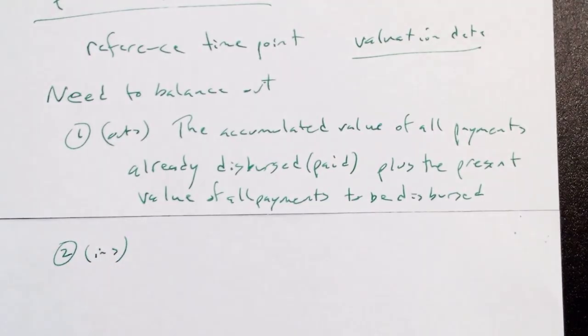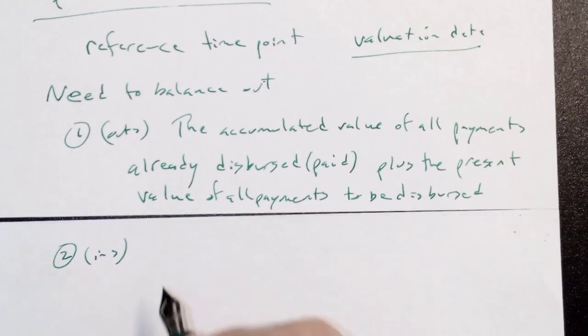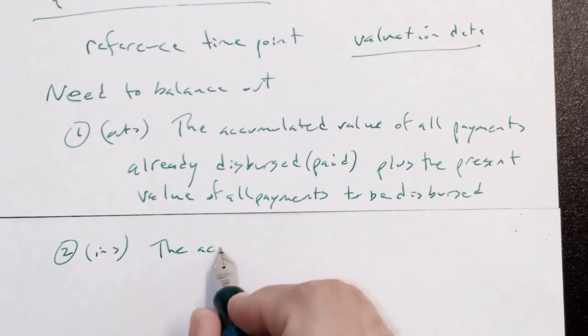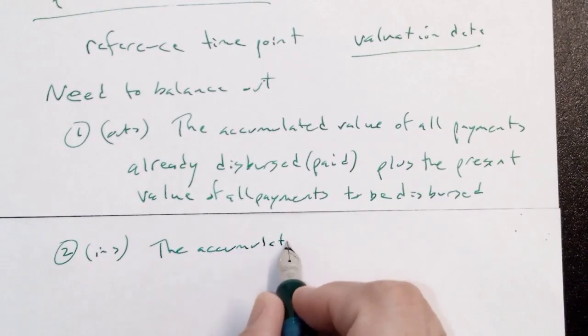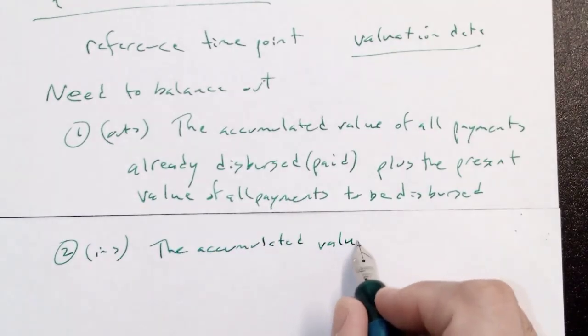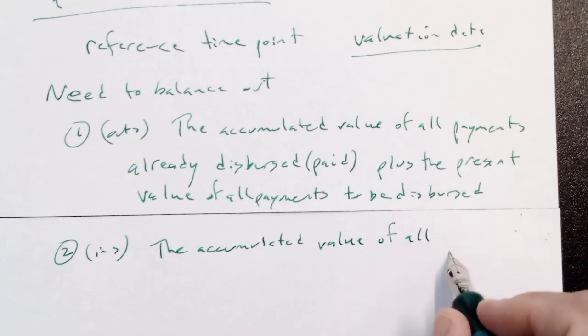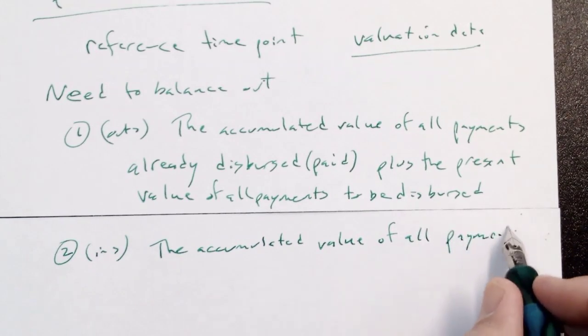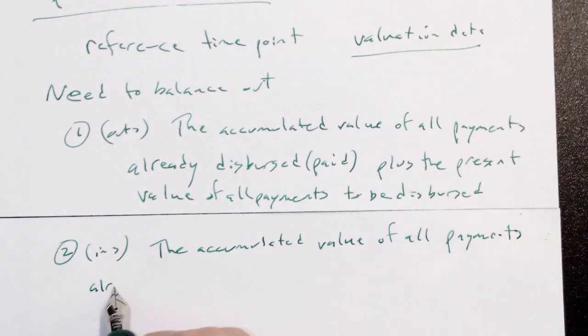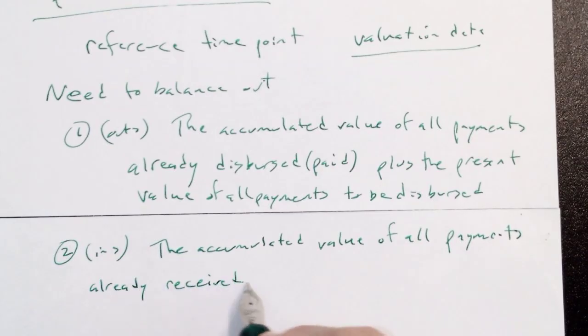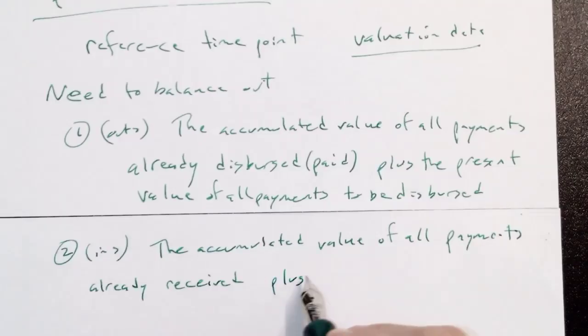The accumulated value of all of the money I've already gotten plus the present value of the money I'm yet to receive.